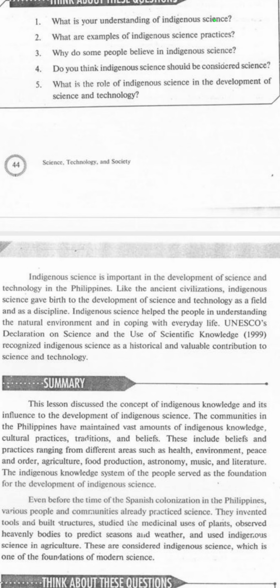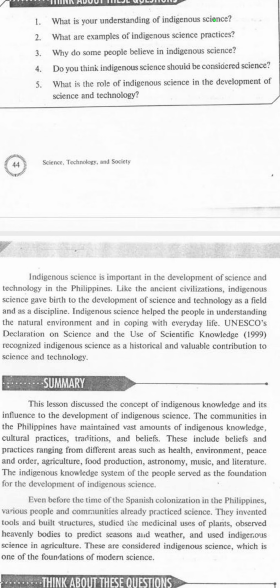That is the explanation about that. It also helped people understand the natural environment and cope with everyday life. Actually, UNESCO and the Declaration on Science and the Use of Scientific Knowledge recognize indigenous science as a historical and valuable contribution to science and technology.